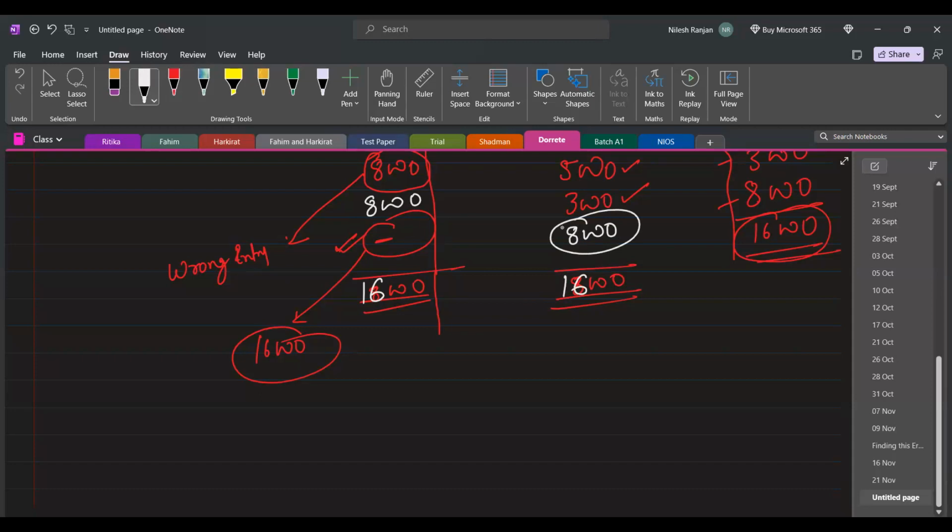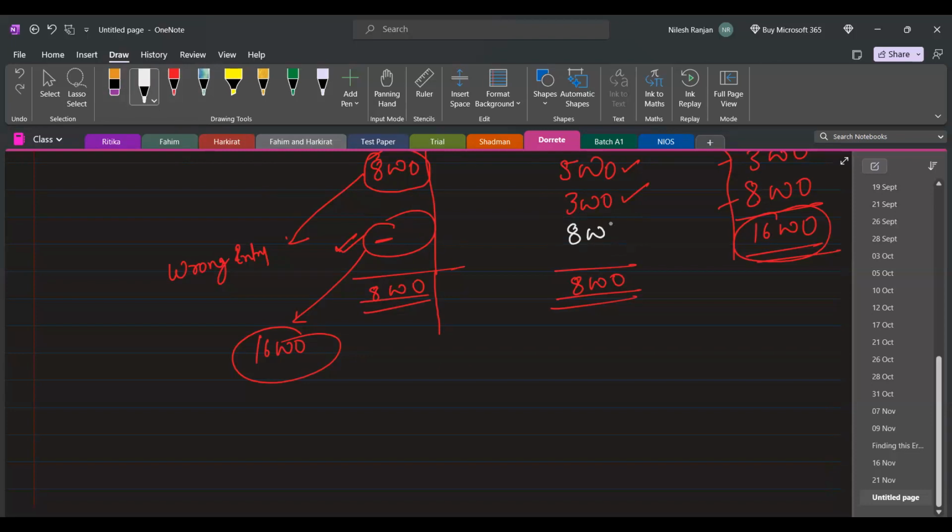That is also incorrect, because the balance of sales account should come on the debit side. So this is not correct. So we will write it on the credit side. 8,000.